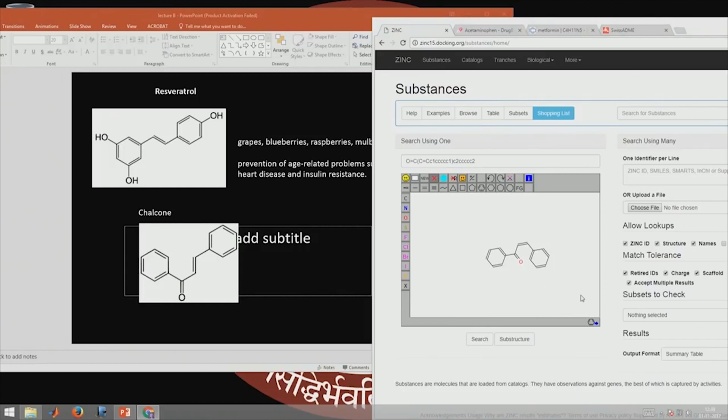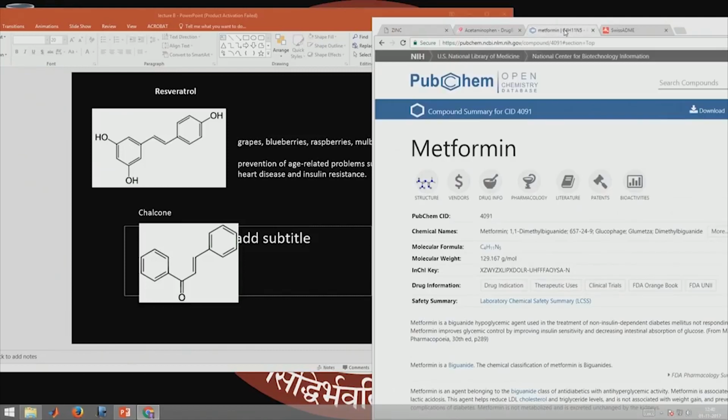That is very simple to do rather than actually drawing structures. So, we can move molecules from one database to another using this Smiles notation, okay. You can see this Smiles notation for this particular molecule, okay. So, we can move the Smiles notation from one molecule to another, as you can see here.